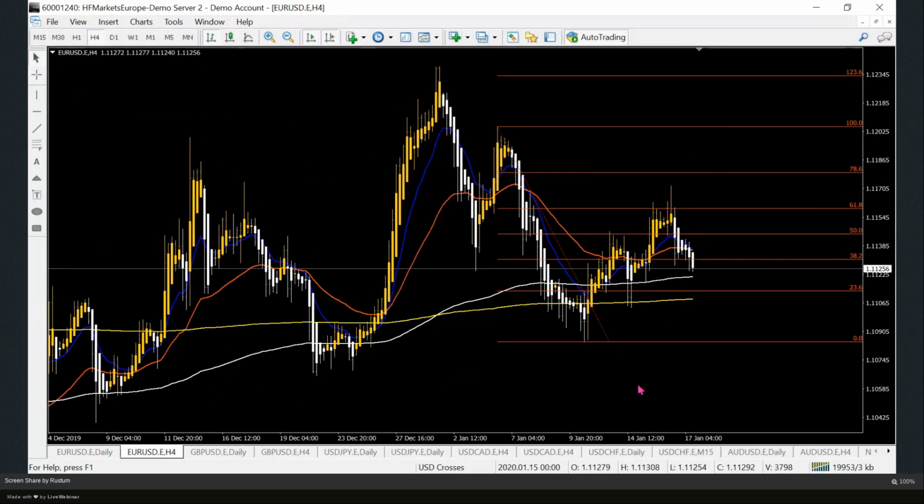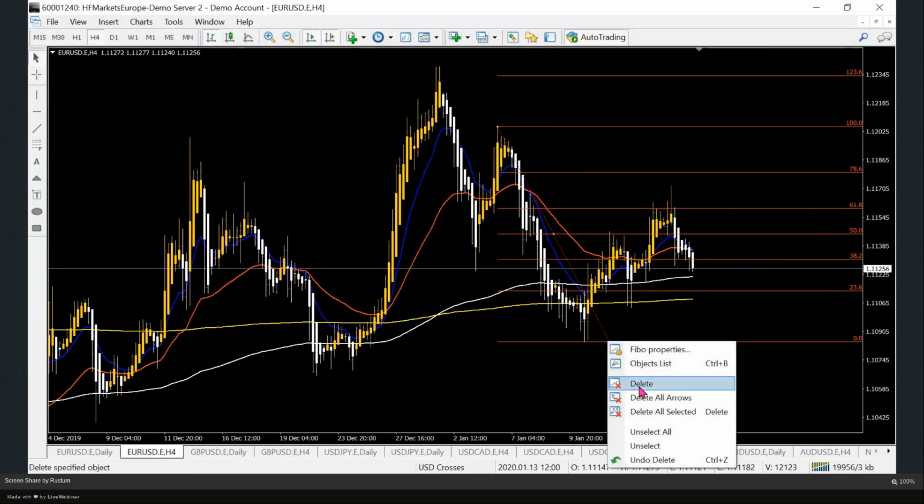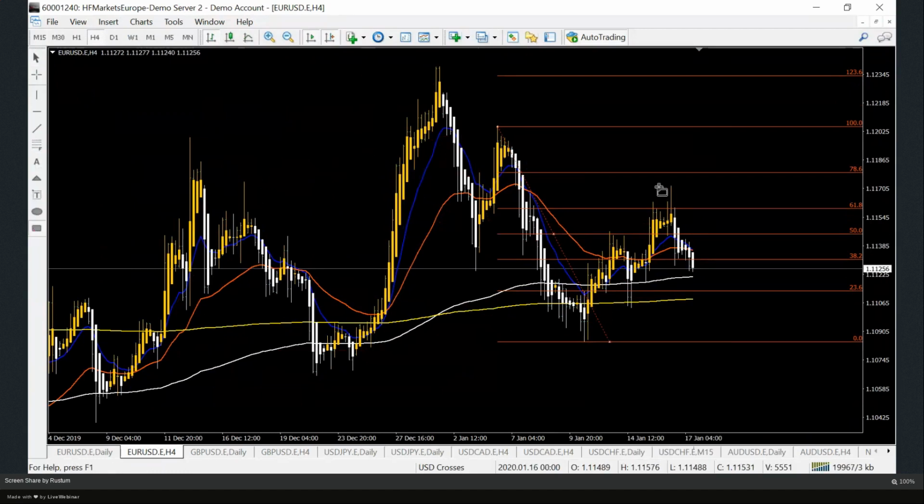But that doesn't really matter. What matters is that 61.8 is one of those magic numbers. When you learn anything about Fibonacci, this is what you learn. You learn 61.8 is important, and you learn 50%.